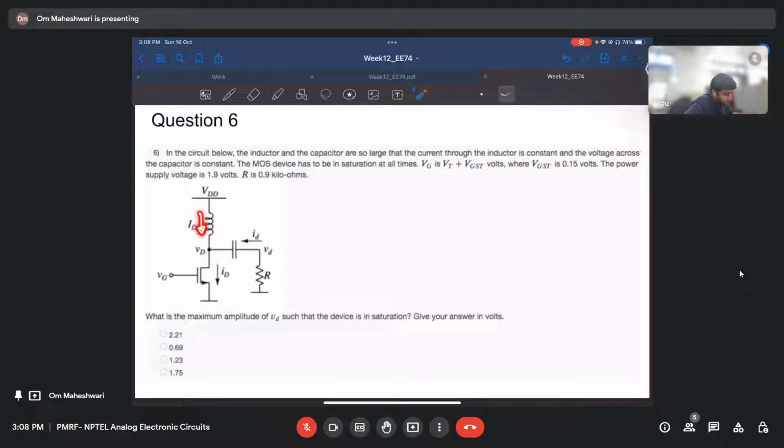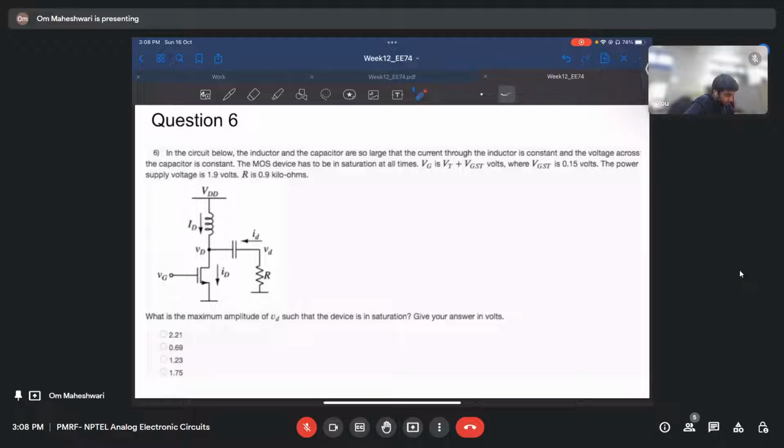If a constant current flows through this inductor, there will be no AC in this inductor, and a constant voltage flows across the capacitor. That means the voltage across this capacitor is constant. So what does that mean?